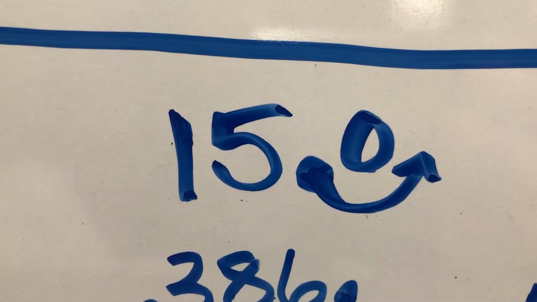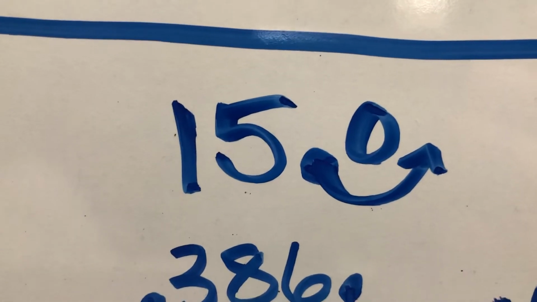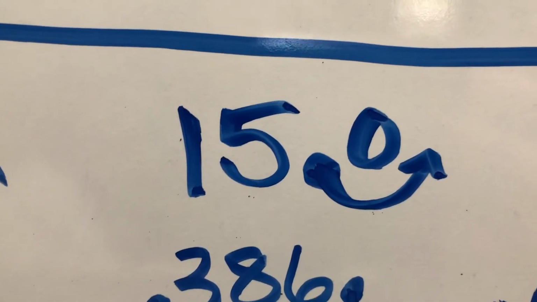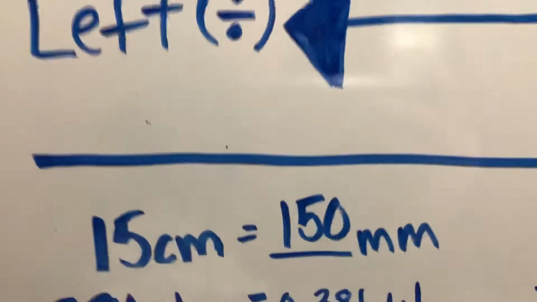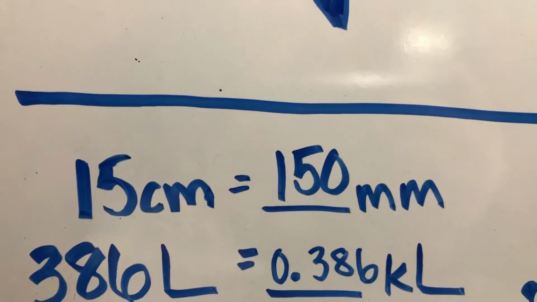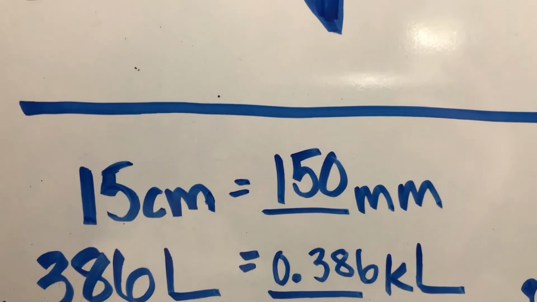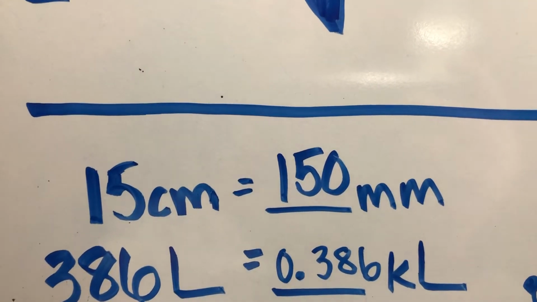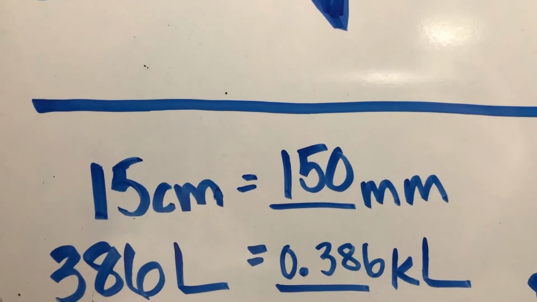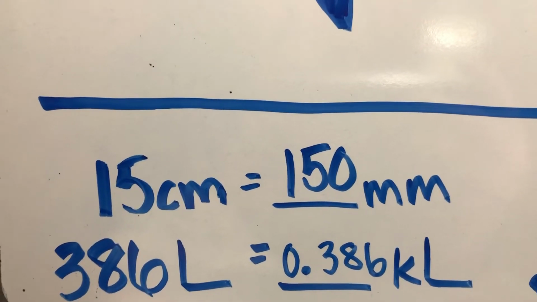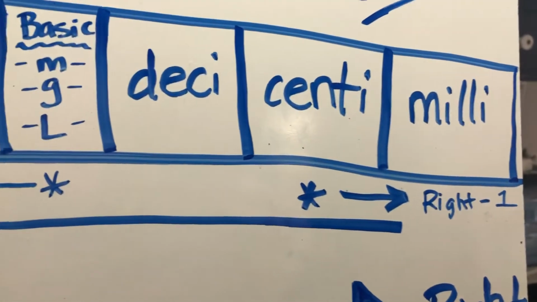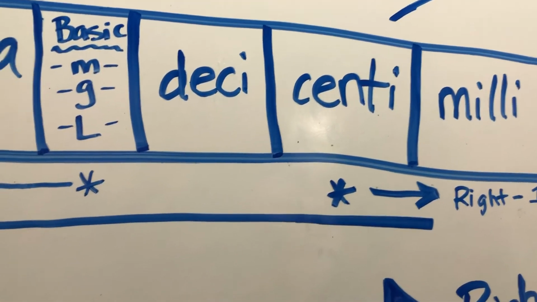We're at the end of my arrow sign. And I fill in my 1 jumping spot with a 0. So, 15 centimeters is 150 millimeters. We got one more spot, 15 to 150, because we moved to the right 1 box.